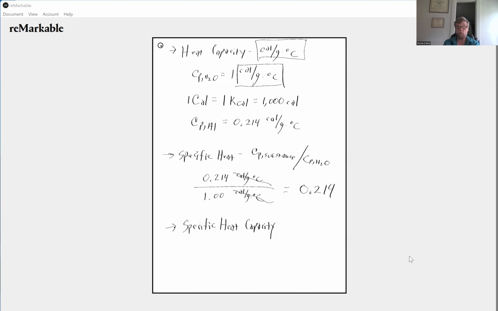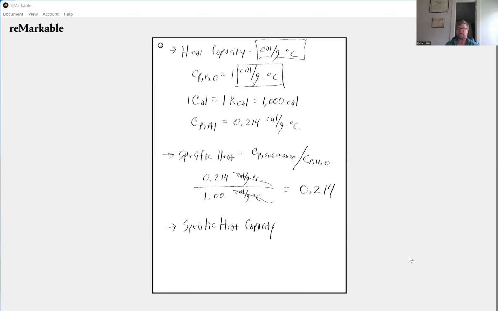You are a fool. Specific heat capacity has absolutely no meaning because it's a conglomeration. They jam together two terms that they do not understand. Heat capacity has the units calories per gram degree Celsius. Specific heat is unitless.